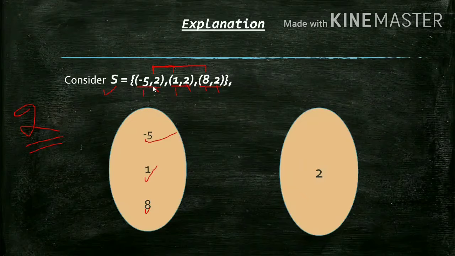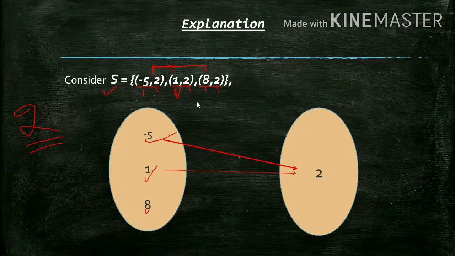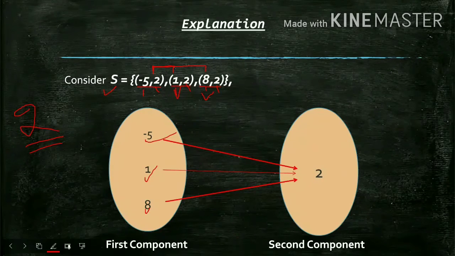Now this -5, 2 I can map like this. That means -5 is related to 2, right? Similarly, 1 is also related to 2, because we have the pair (1, 2) as well. And similarly, (8, 2) as well.